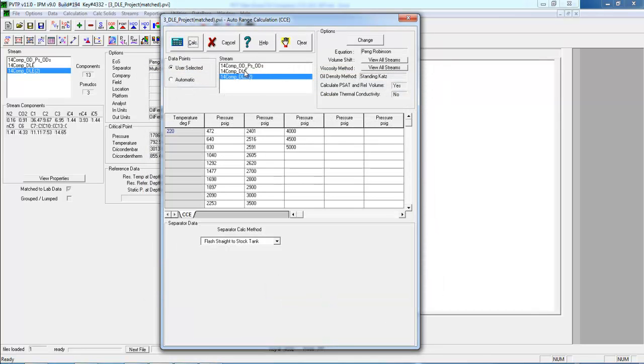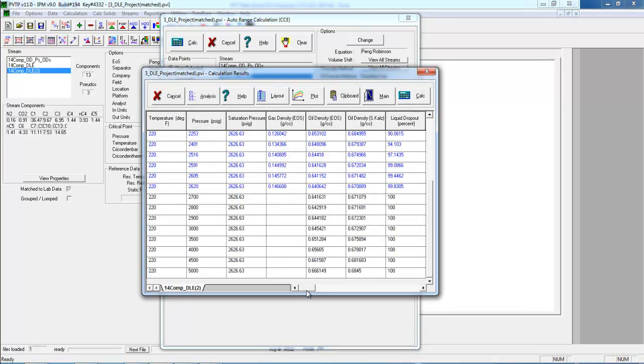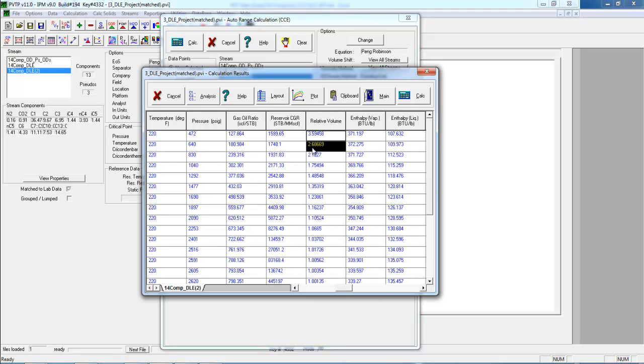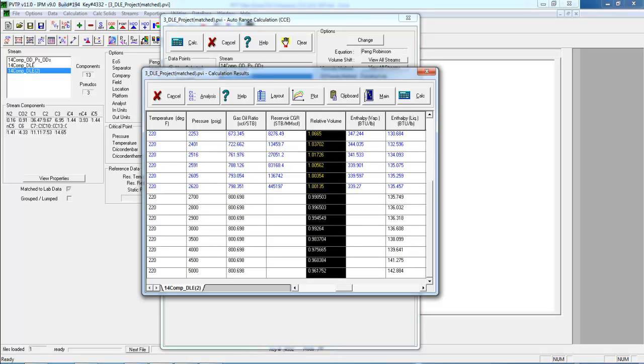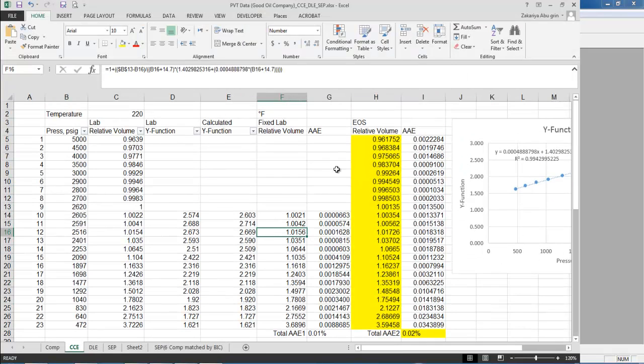Make sure that you always check which model you deal with. So here we are dealing with the last one. So this is the relative volume. Okay.